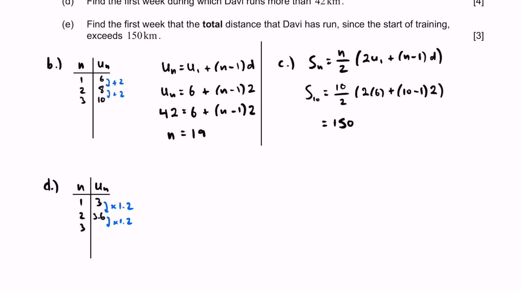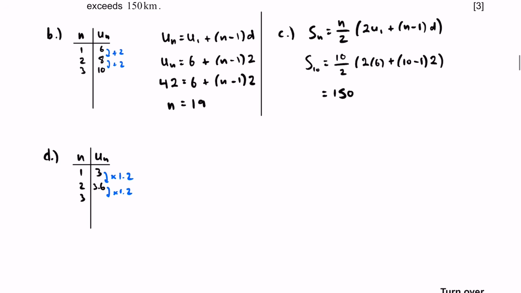So, following similar structure to what we had here, let's go ahead and write out our geometric sequence formula. The geometric sequence formula is given to us in the formula booklet. un is equal to u1 times r raised to the power of n minus 1.